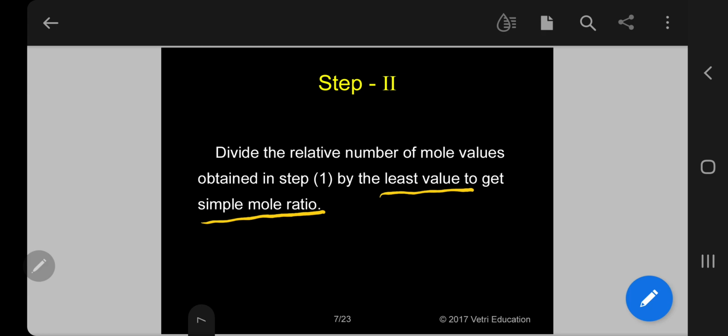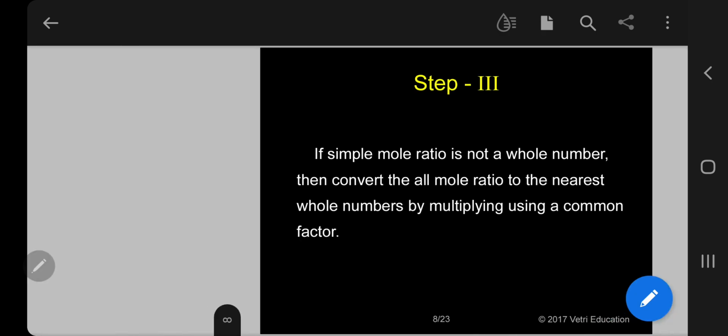The percentages of all the 3 elements will be there. So divide all the 3 percentages by the atomic weights. You will get 3 values. Now you have to divide all the 3 values obtained in step 1 by the least value to get simple mole ratio.